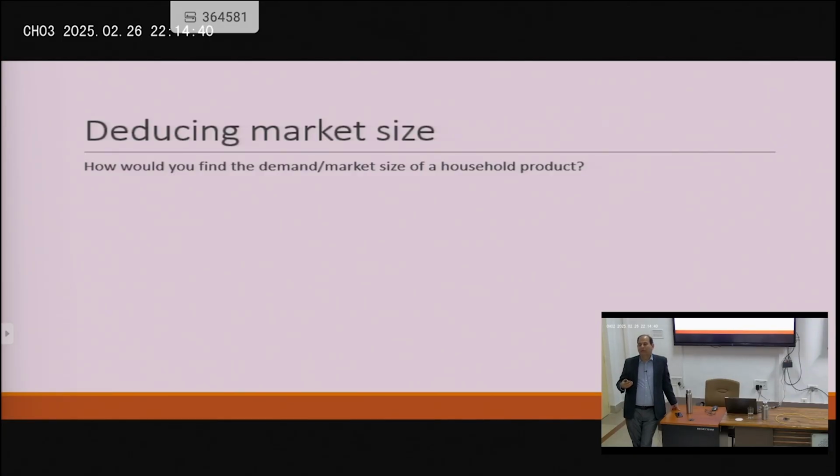Right? Then you say, okay, well, I know that the general penetration of microwaves in a place like where we are right now is such a percentage. And then you have a factor attached to that. And then you say, well, once you buy it, you're not going to buy it for another 10 years, let's say. You know the average lifespan of this. So you divide that, okay, it's so many per year.